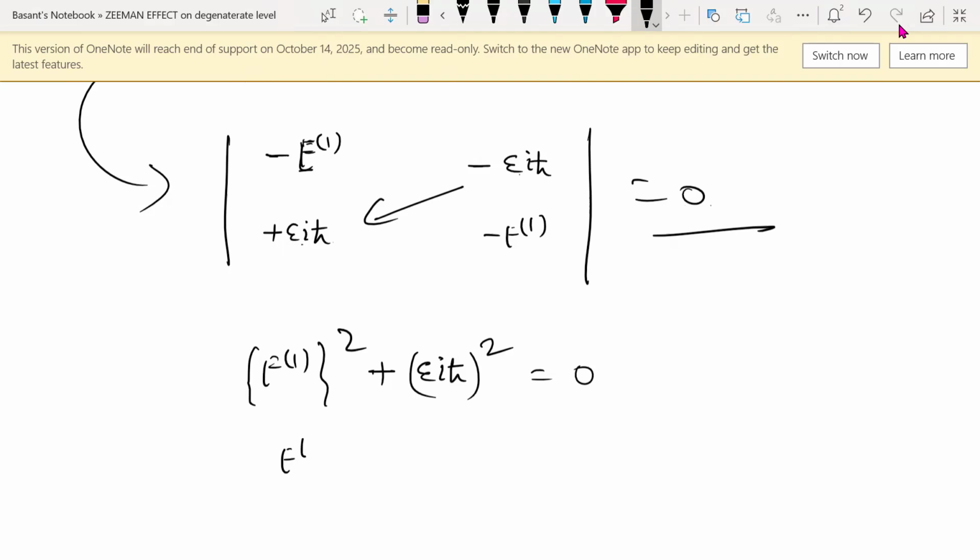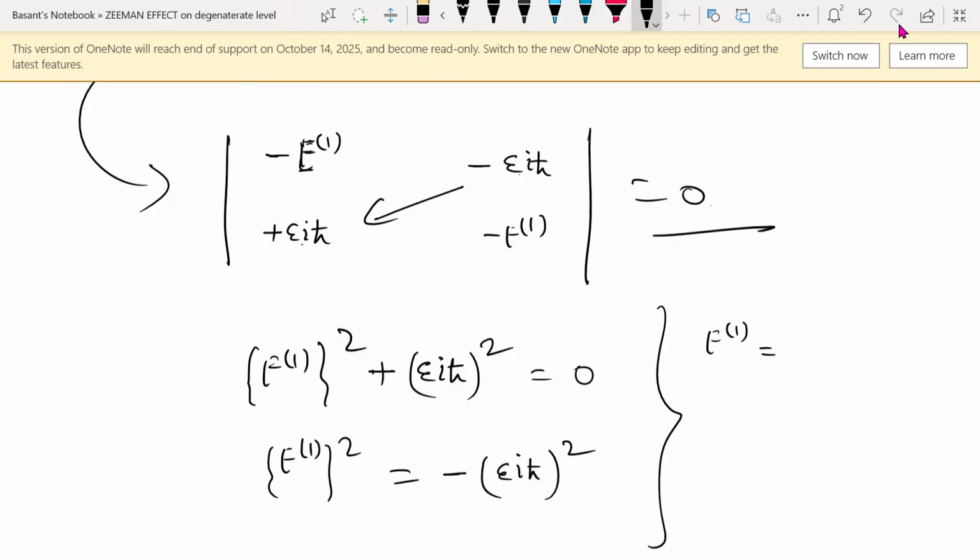So E1 square is equal to minus epsilon i h-bar square, and this gives E1 is equal to plus minus, because under root this value gives i h-bar, plus minus.